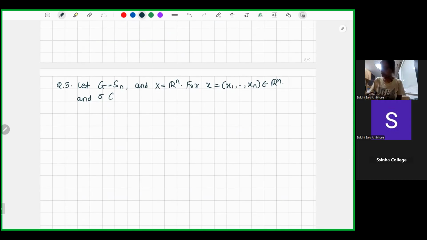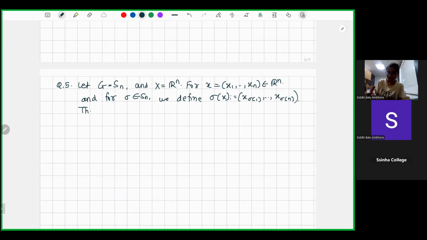For sigma belonging to Sn, we define sigma x equal to (x sigma 1, ..., x sigma n). Then G acts by the map (sigma, x) going to sigma of x.